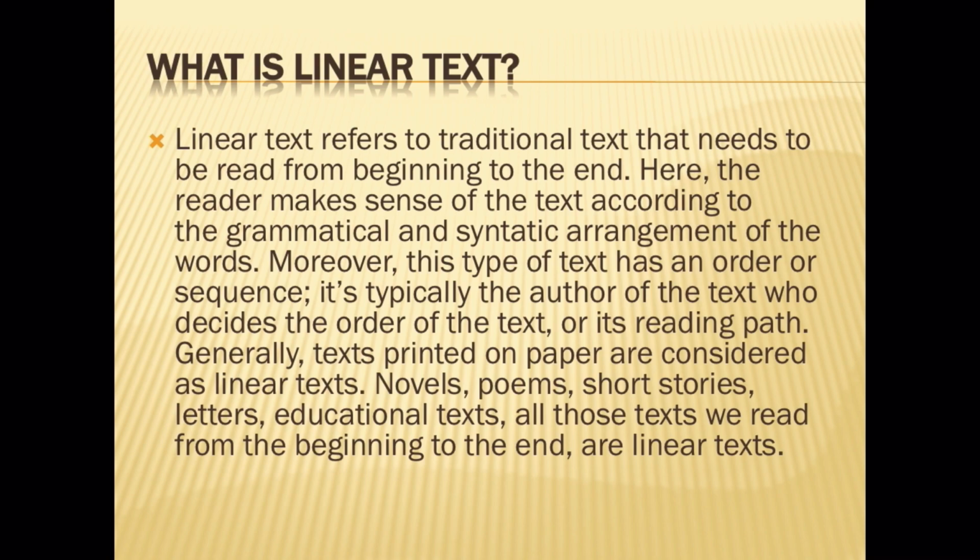The reader needs a certain amount of time to read from start to end to entirely understand the message. But the reader can also choose a certain part to read, and he can start from any point of the text. Examples of linear texts are novels, poems, stories, and the like.